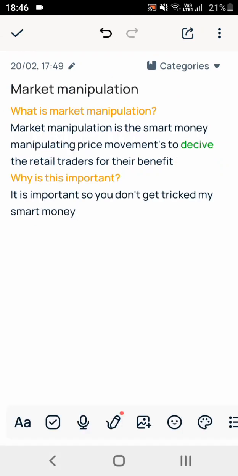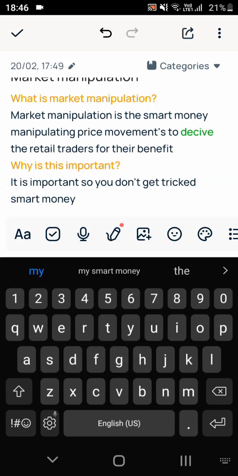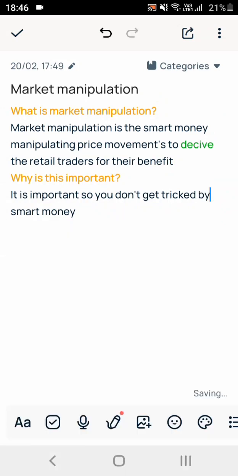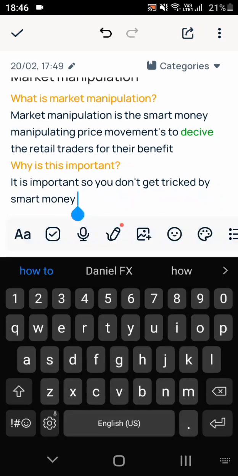This point is so severely important. And if you don't get tricked, obviously you will not lose all your funds. You will not lose all the money that you have invested. That's why it is so important.